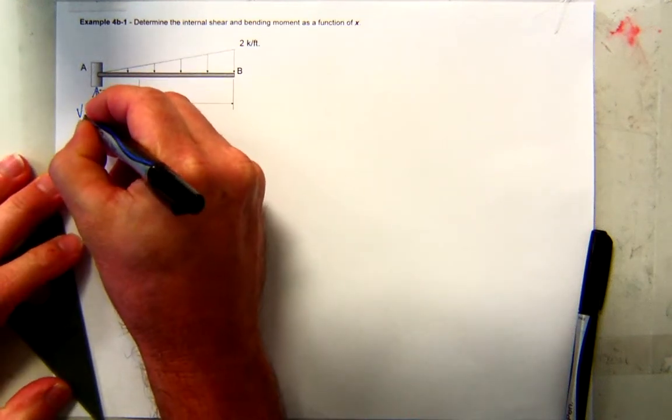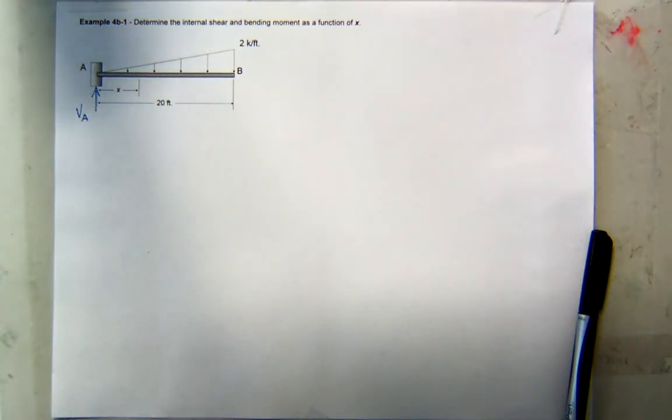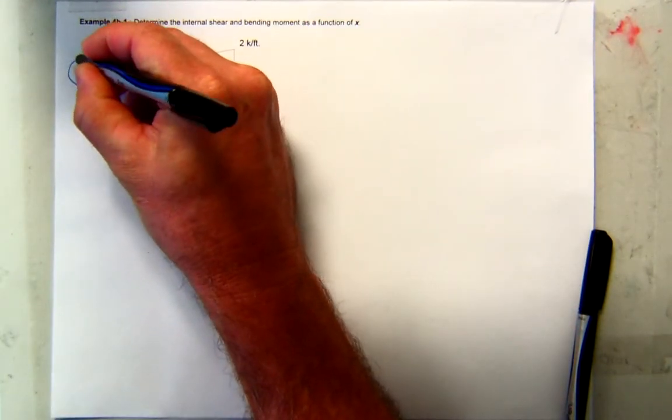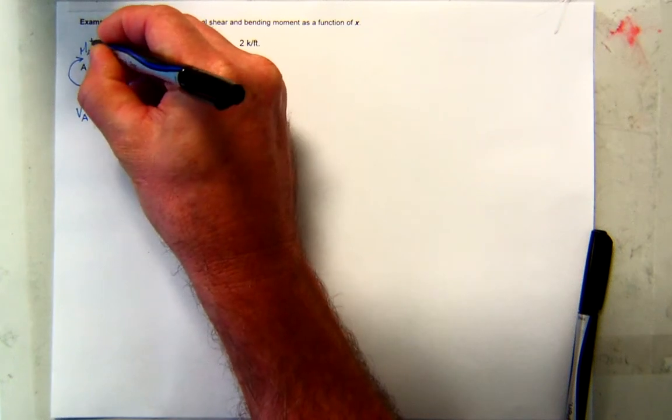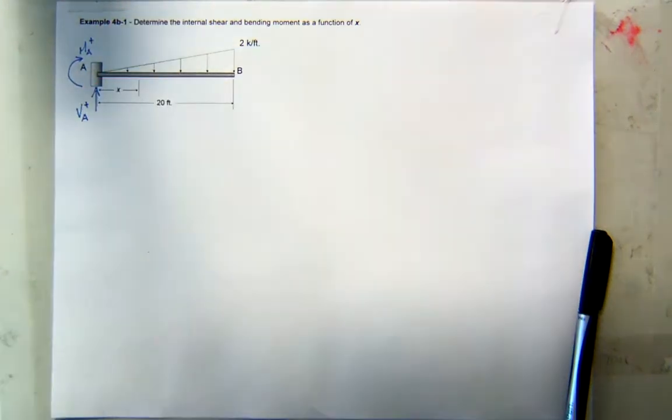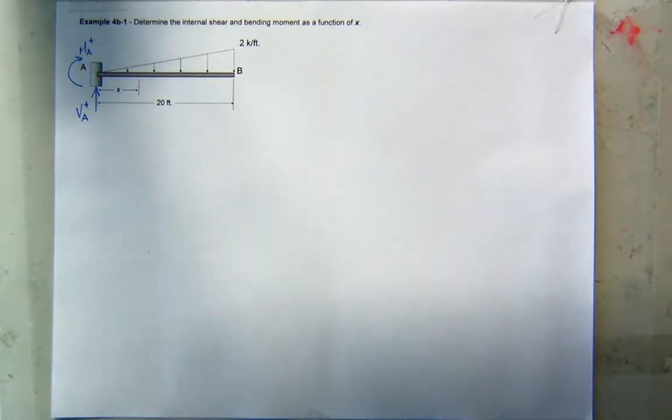This is actually the shear force at A. It is a reaction, but now it's a specific one. And also I'm going to assume positive bending moment at A. So I'm going to use the little plus sign at the top to remind you that those are both positive signs. So I'm going to find those by doing a free body diagram of the whole structure and use my equations of equilibrium to find them.